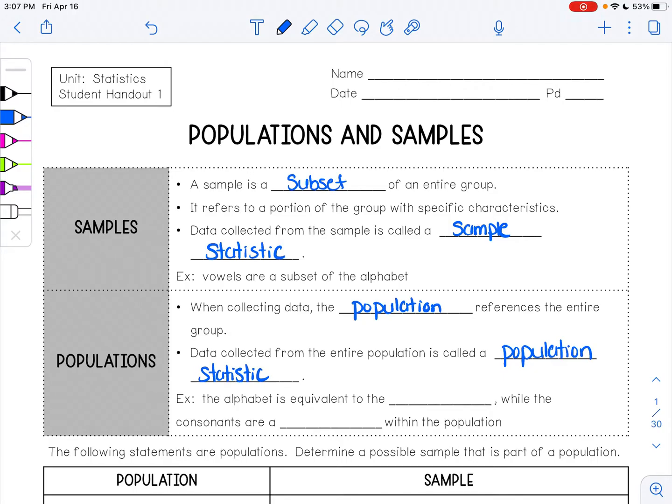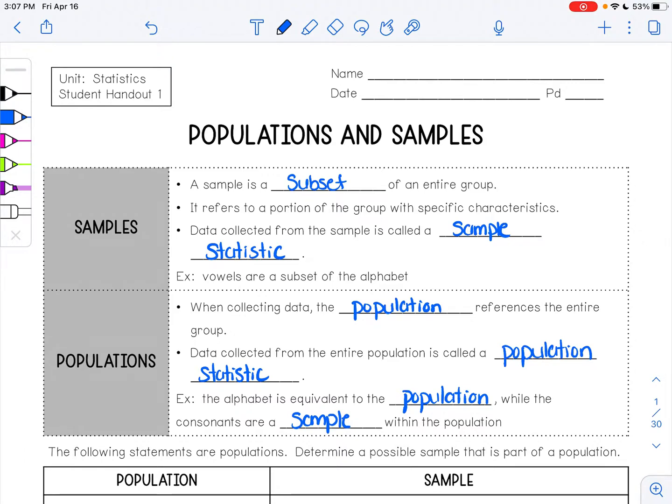So the alphabet is equivalent to a population because it's the entire alphabet, while the consonants are your sample because it's just a part of the alphabet.